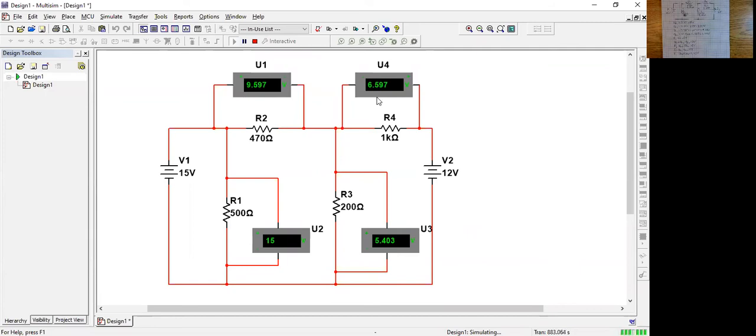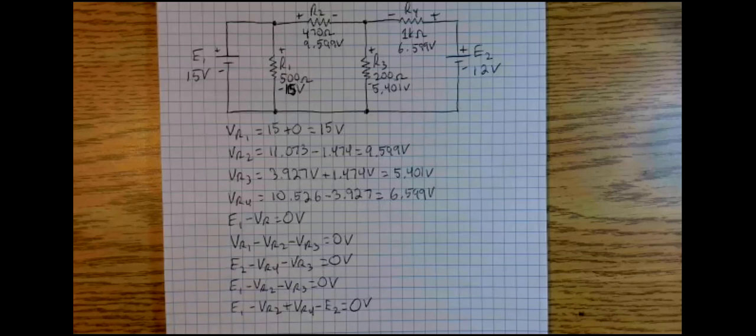They're off by the third decimal place, 6.597, 5.403, and 15. So it does work. So remember, when you do solve these, you can use Multisim to check your work. There's nothing wrong with doing that. In fact, you'd be silly not to use your tools that are available to you. Okay, so that is how we solve practice problem 1. So good luck with trying that on your own, and now you have the solution to refer to.